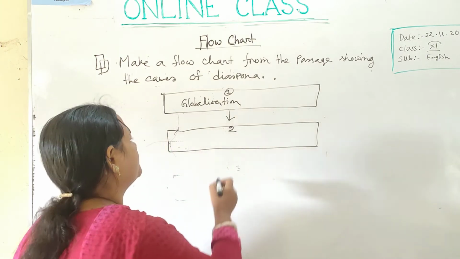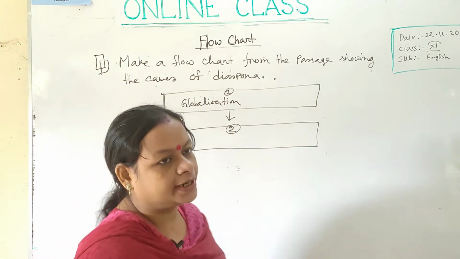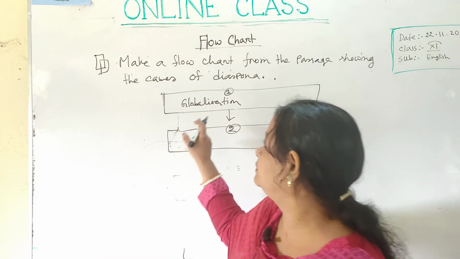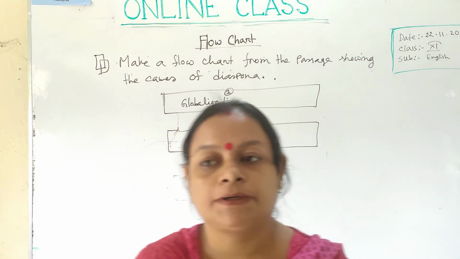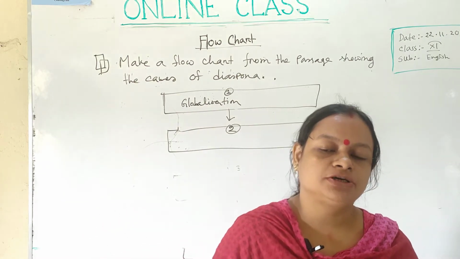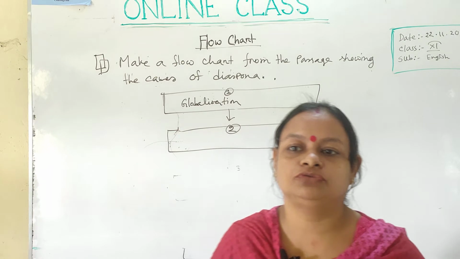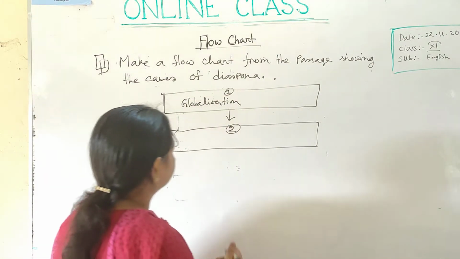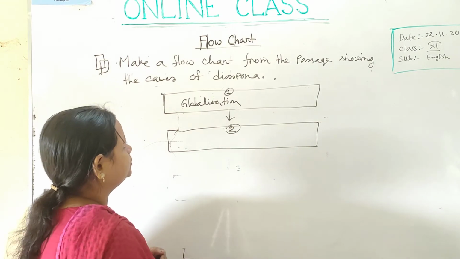Number 2, you see that there are many causes of diaspora. That is, one is given globalization, that is war, then ravage of nature, then plight of the Palestinians, then wheeling movement, forcing, etc. So you have to draw 5 important patterns from here.